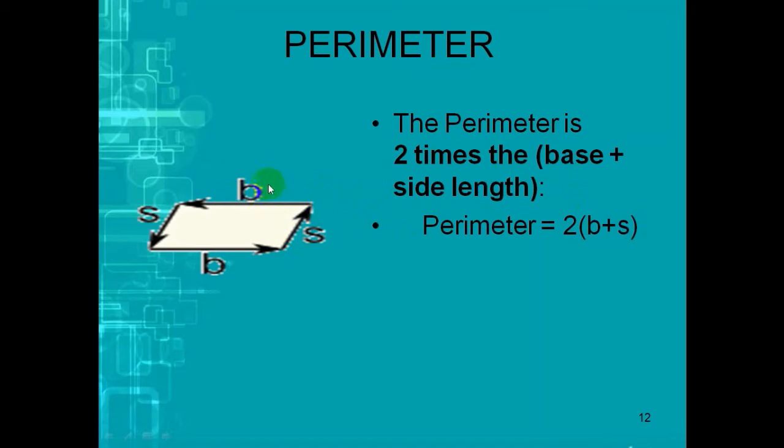And actually this B represents the base of the parallelogram, and this S represents the width, which is the sides. So perimeter is equal to 2 into B plus S for the parallelogram.